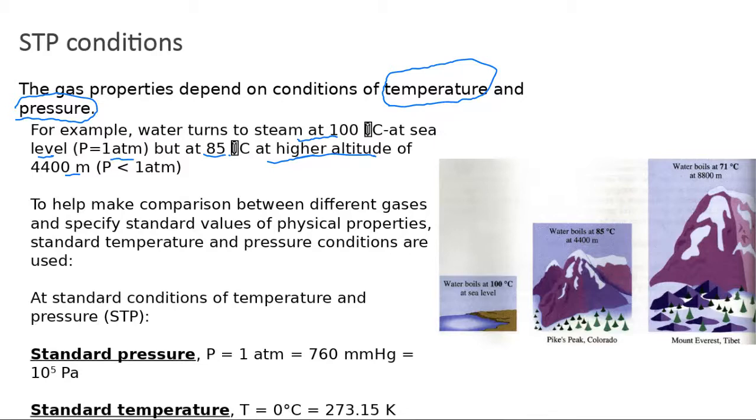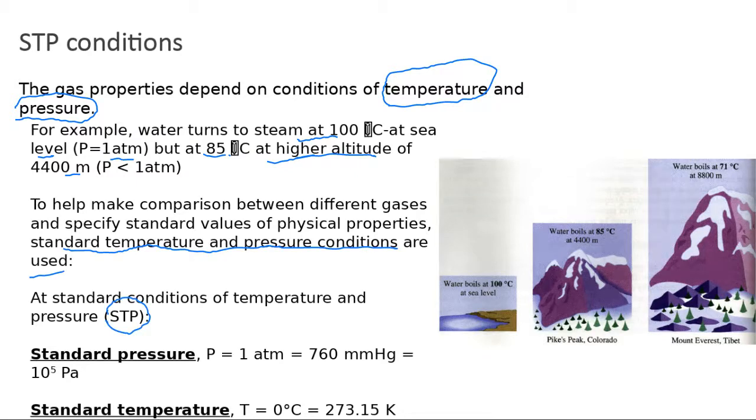To make comparisons between different gases and specify standard values of physical properties, we use standard conditions called STP, standard temperature and pressure.